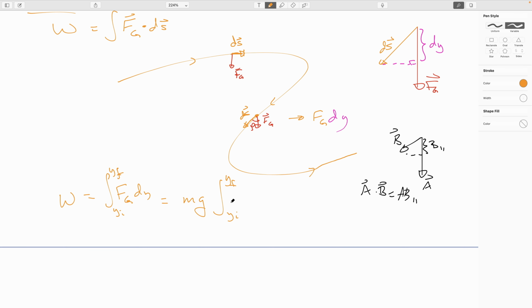And this is dy. Again, to graphically evaluate that integral, we're literally just evaluating the integral of the number 1 from y initial to y final. So the area is just going to be equal to y final minus y initial.